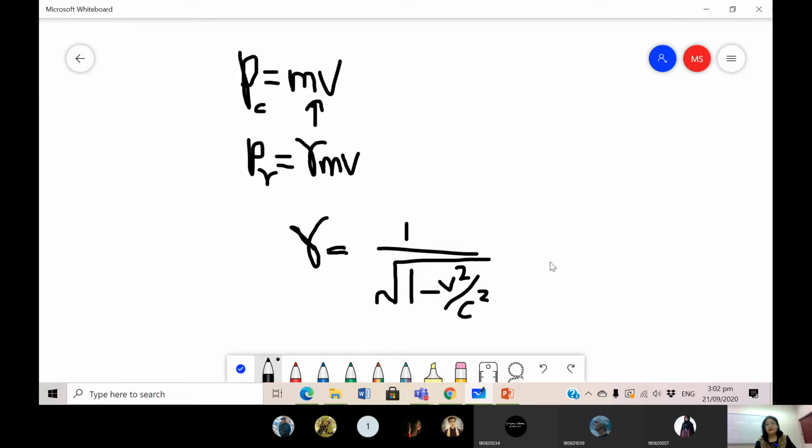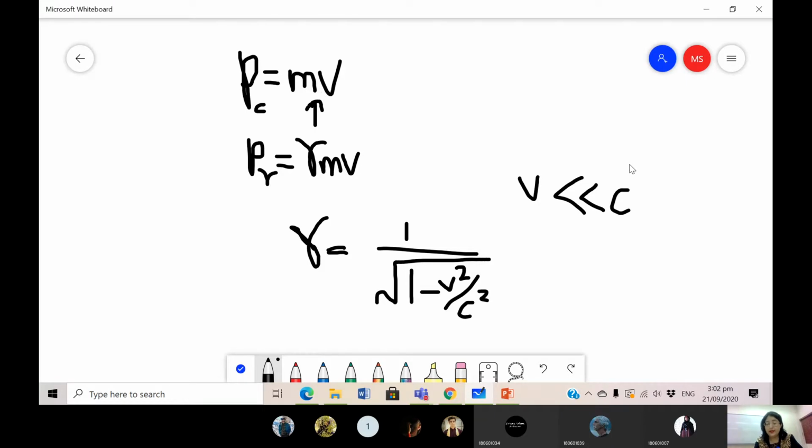In the classical limit, v is much less than c, so that term will be negligible and go to 0, and then we will have 1 over square root of 1, which is 1. So basically, gamma will be 1. So relativistic gamma mv goes back to the classical case.